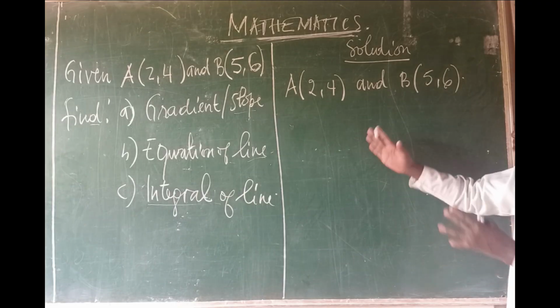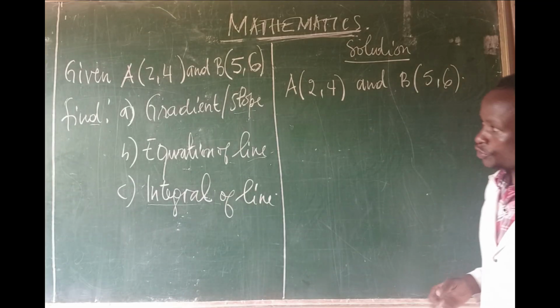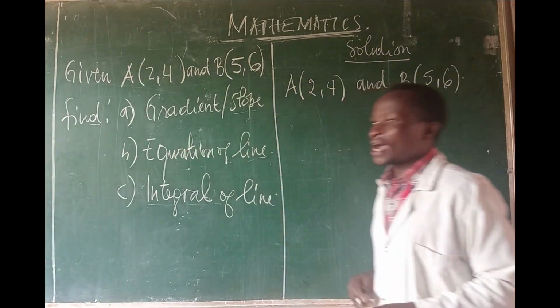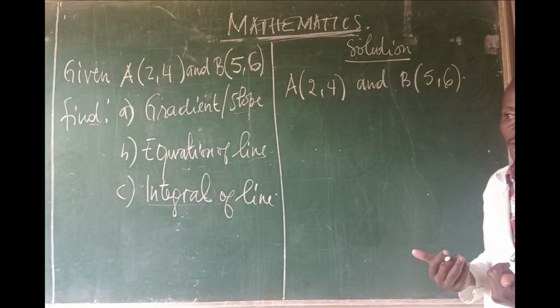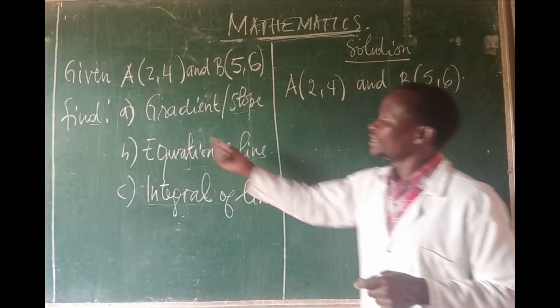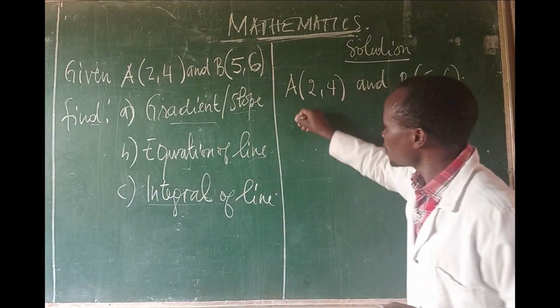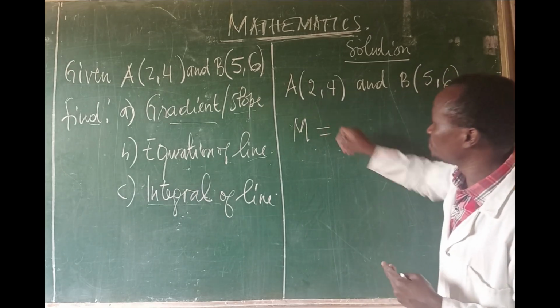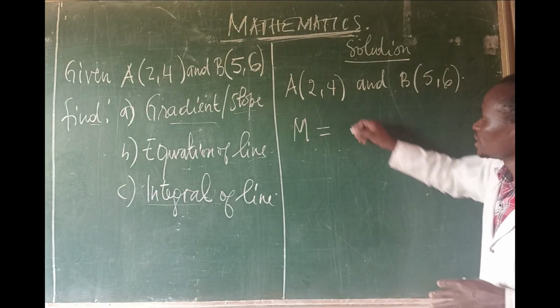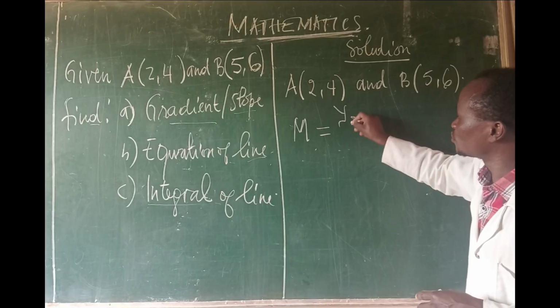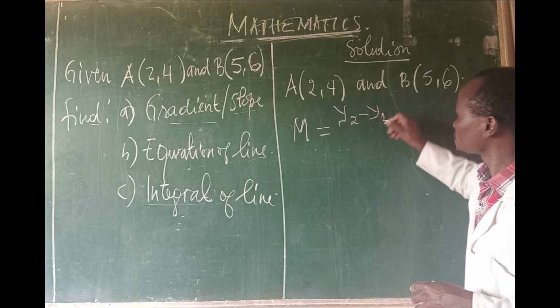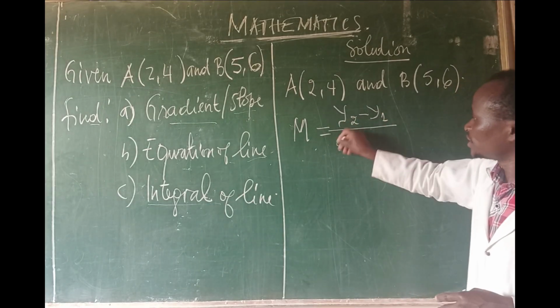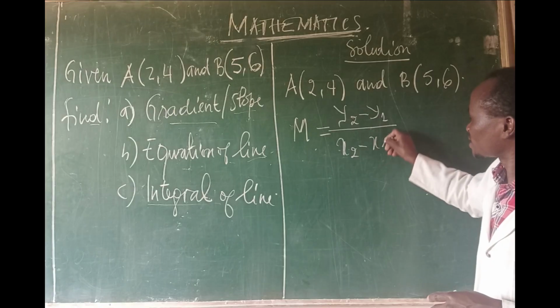How is the gradient found? The general formula for the gradient, the slope, is y2 minus y1 over x2 minus x1.